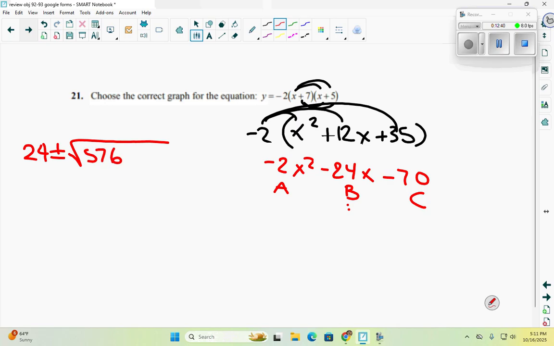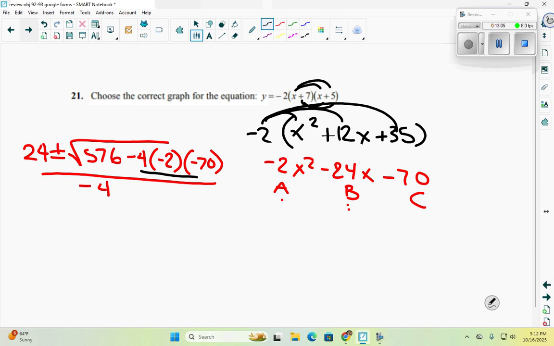Then it's a negative 4 times A, which is a negative 2, times C, which is a negative 70. All of that's over 2 times A. Well, 2 times a negative 2 is going to make it a negative 4. If you remember, we do this part first. A negative times a negative is a positive 8. And now I have a positive 8 times a negative 70.